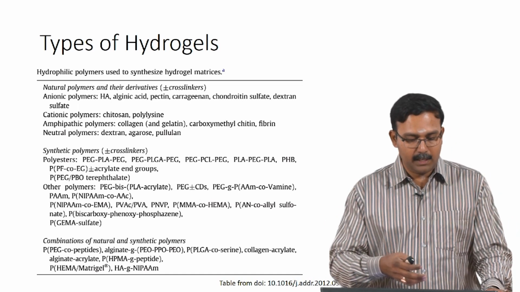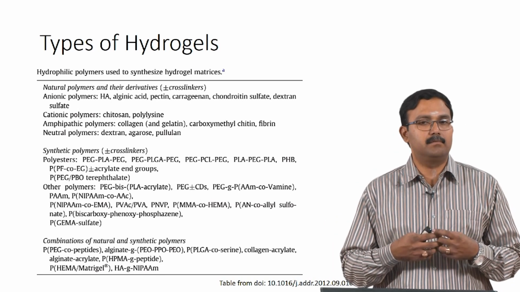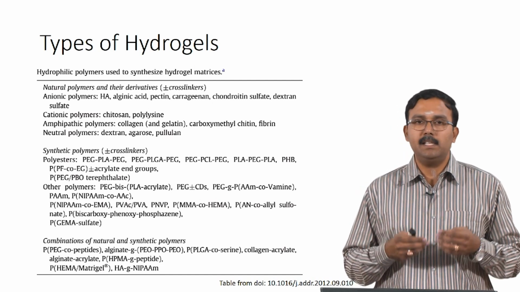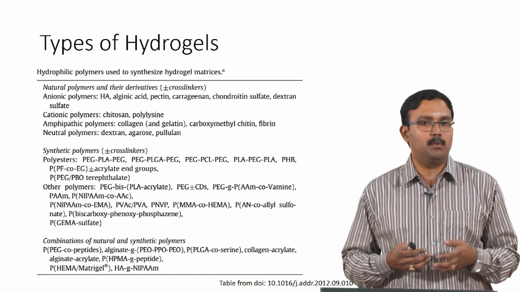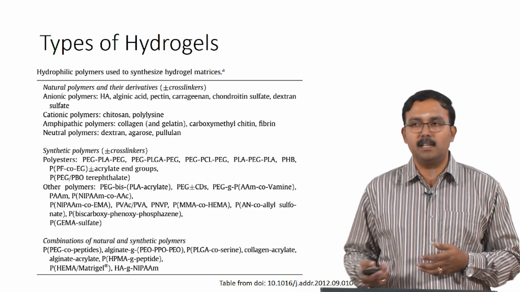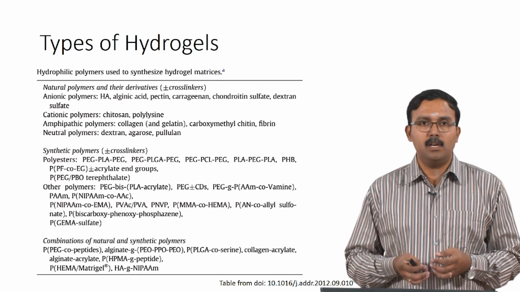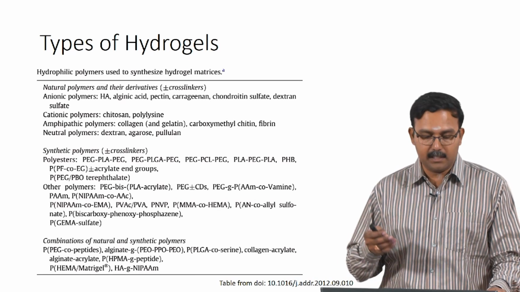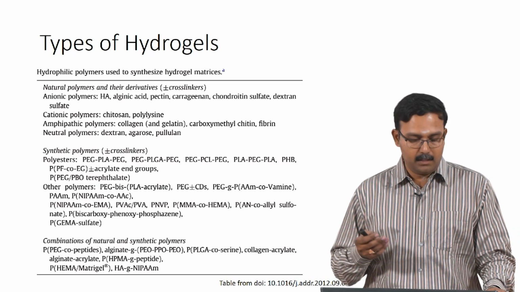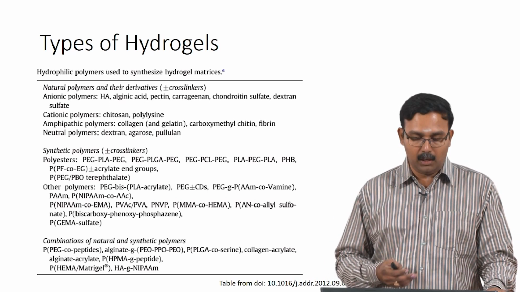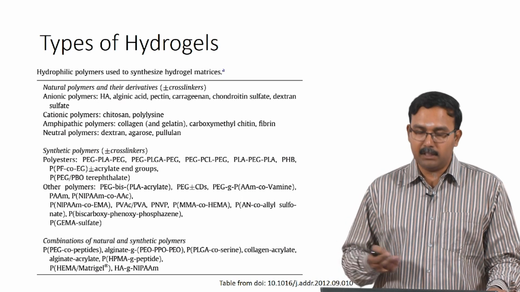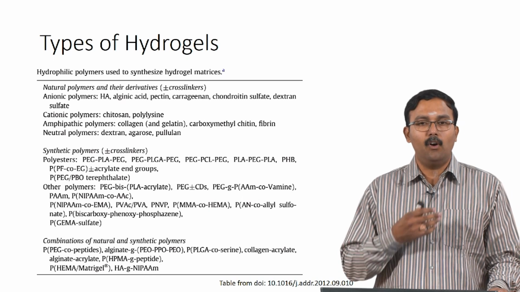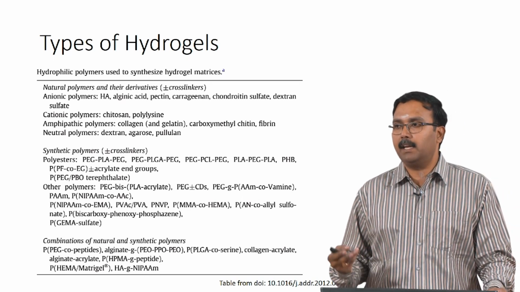Okay. So, what I have listed here is just a brief introduction of the materials that are used. Basically you can classify them as two things: the natural polymers and the synthetic polymers. Natural polymers such as hyaluronic acid, alginate, pectin, carrageenan, chitosan, polylysine, collagen, carboxymethyl chitin, carboxymethyl cellulose, dextran, agarose, pullulan, all these have actually been studied for preparing hydrogels.